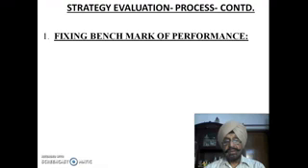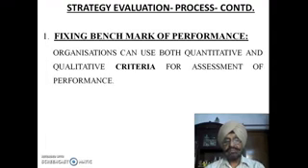Then the next portion is regarding how we show the process of strategy evaluation. So there will be 4 steps in that. First of all, against what we want to evaluate our strategy. Say fixing the benchmark of performance. So people know as to against what performance measures their performance or the organization evaluation will be done. The organization can use both quantitative and qualitative criteria for assessment.